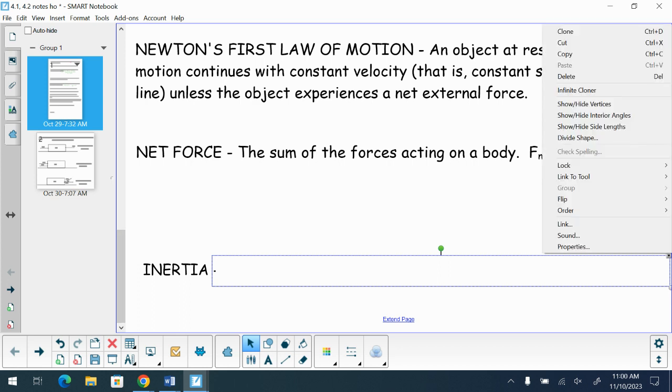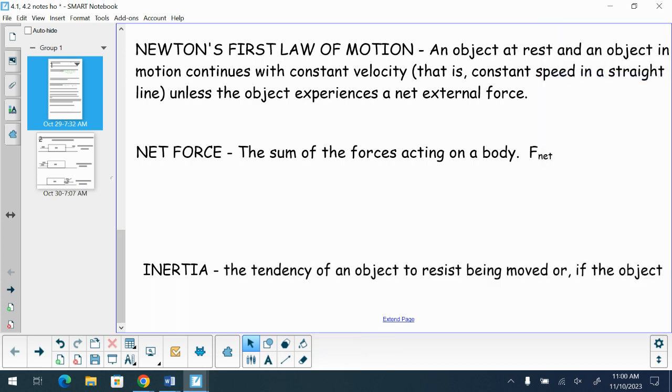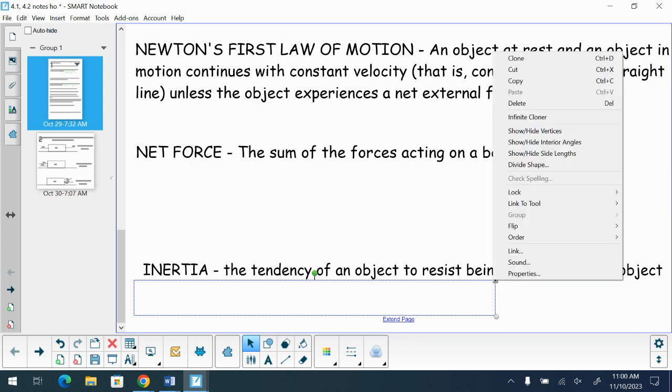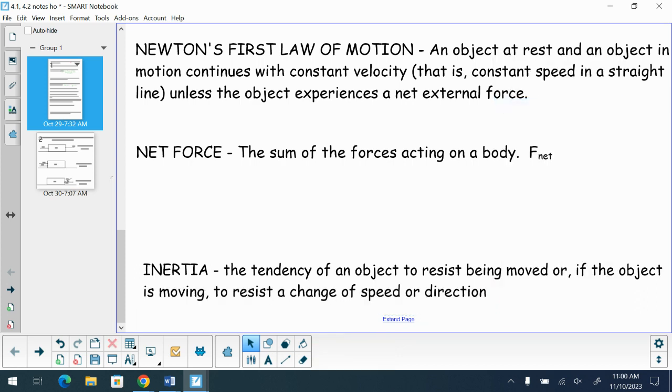And then one of my most favorite words of science is the word inertia. You have to get a little nasally when you say it. Inertia.